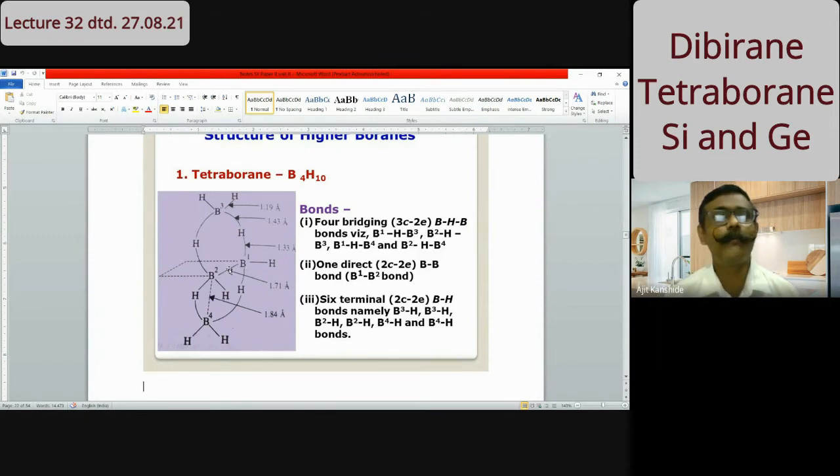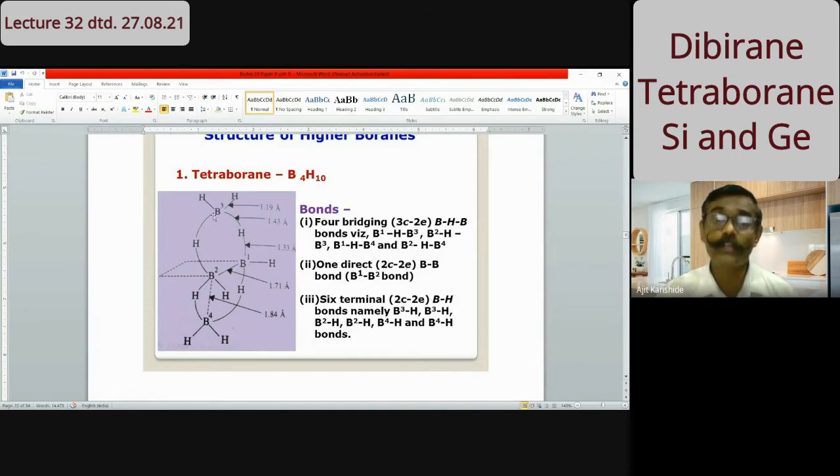Being boron a metal, a metallic bond does exist. Metallic bond in the sense what? Sharing is what is considered there. Here boron 1 has 1 electron, boron 2 has the other electron. So there is a linkage between boron and boron. So this boron 1 and boron 2 bonding is a 2-centered 2-electron bonding.